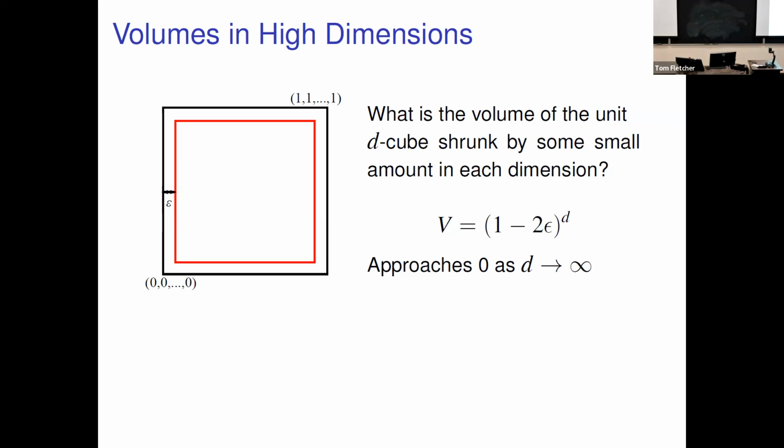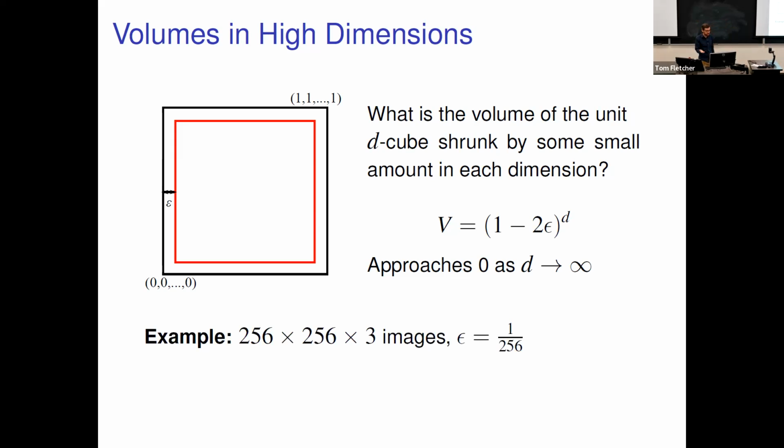As you take d to infinity, to higher and higher dimensions, like the megapixels on a phone, where d goes in the millions, that volume is 0, or very, very close to 0. In 2D or 3D, what we're used to, if I shrink the edges of a square a little bit, the red square is almost volume 1. But in higher dimensions, shrinking just a little bit, you go very quickly to 0 volume.